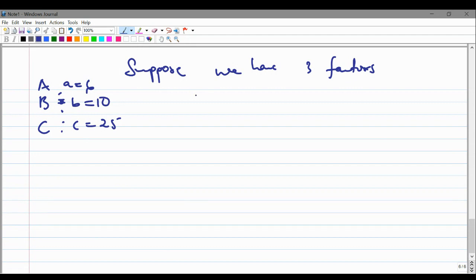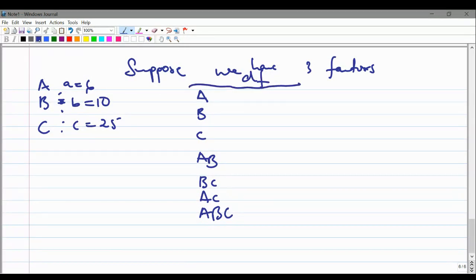So we're going to have A, B, C, AB, AC, BC, ABC. What is the degrees of freedom of A, Christoph? 6 minus 1, which is what? 5.